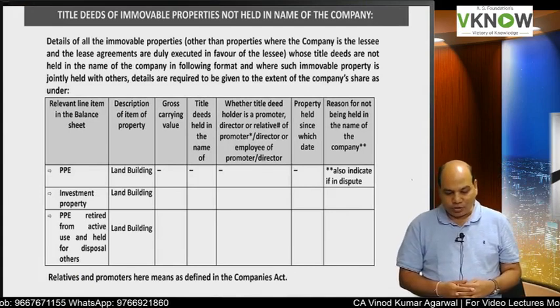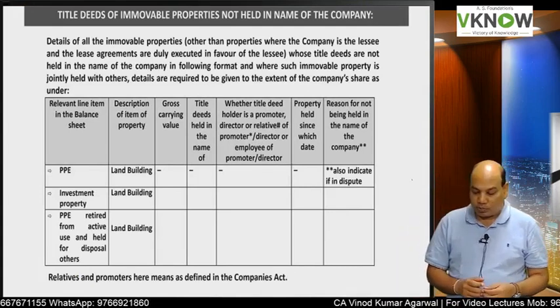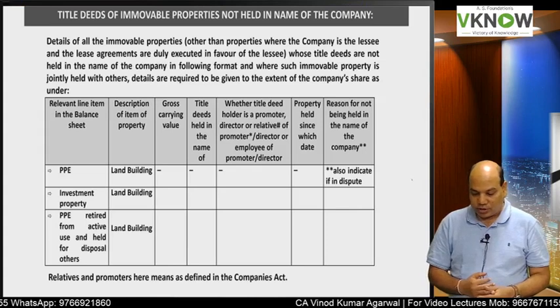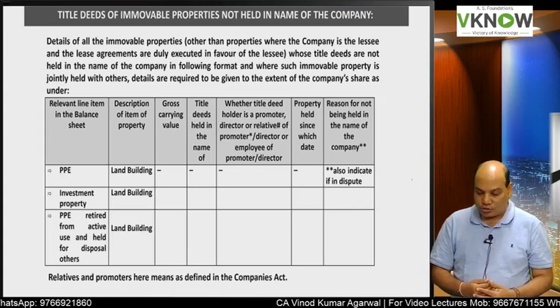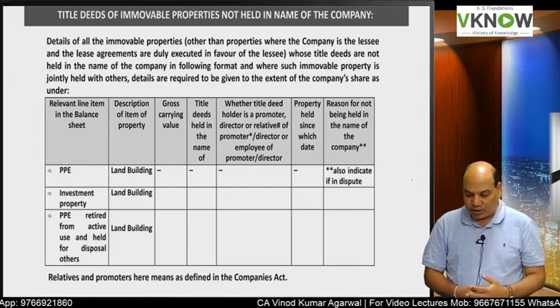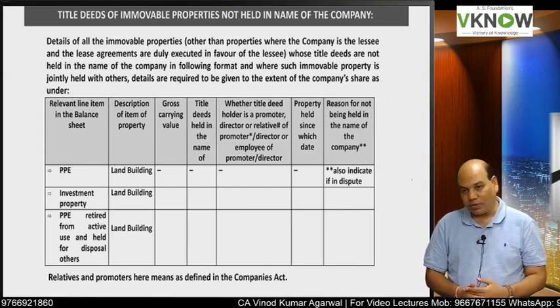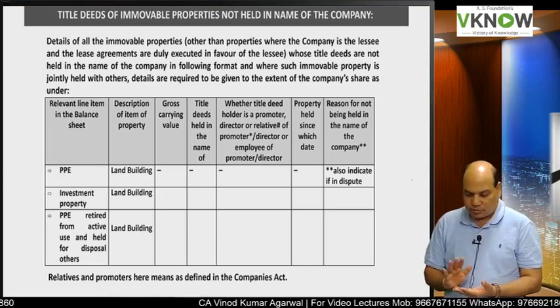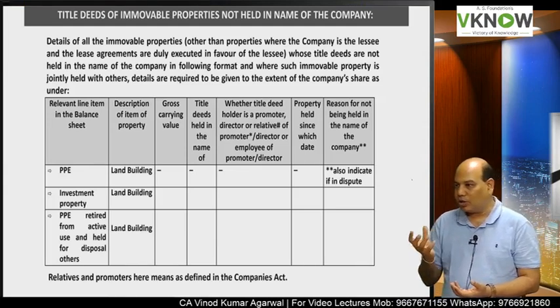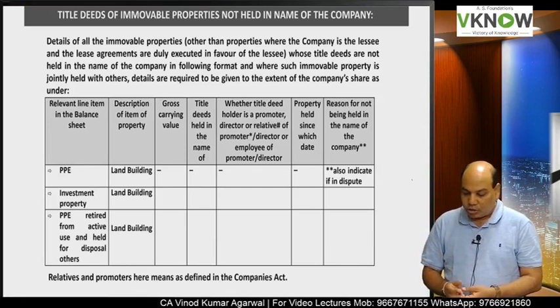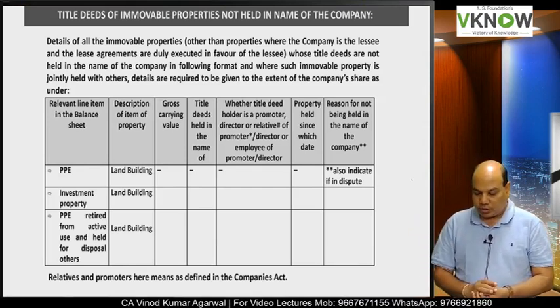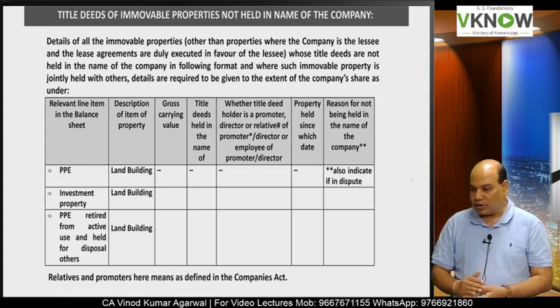So details of all immovable property, other than property where the company is the lessee and the lease agreements are duly executed in favor of the lessee, whose title deeds are not held in the name of the company. Title deeds are not in the name of the company for some reason. It can be in the name of a promoter, director, employee, or where such immovable property is jointly held with others. Then details. What are the details?